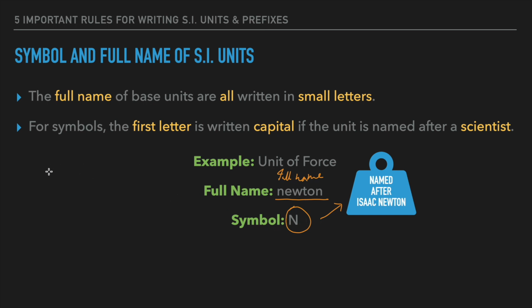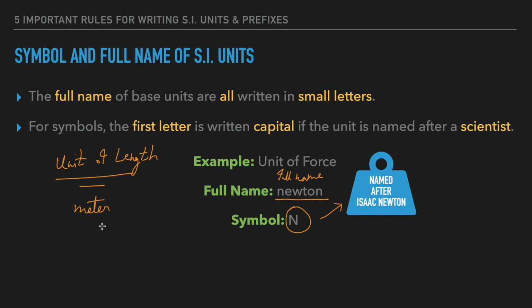Let's have another example, which is not included in this slide. Let's say the unit of length. Please excuse my not so good writing. What's the SI unit of length? We know that it is the meter, so the full name is meter, and its symbol is given by m.